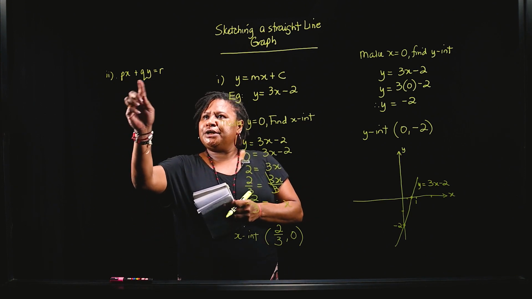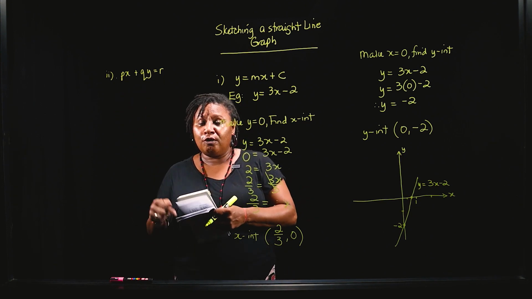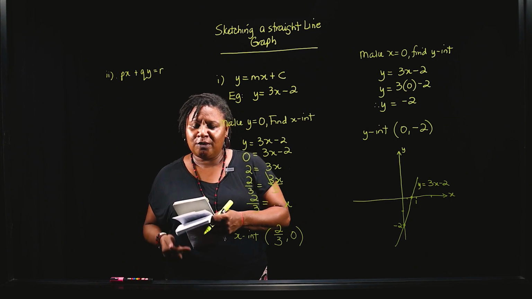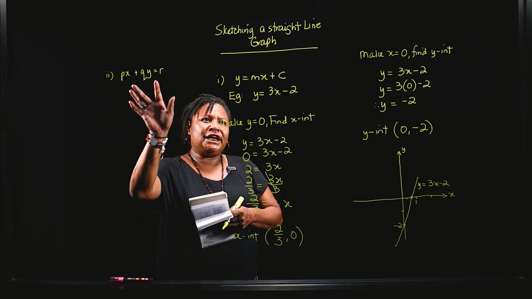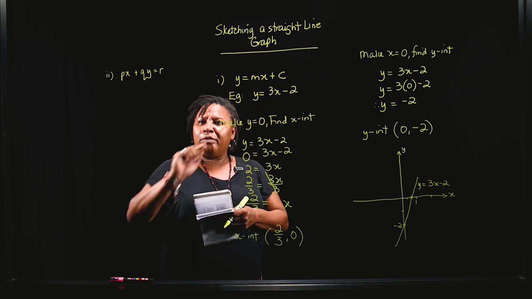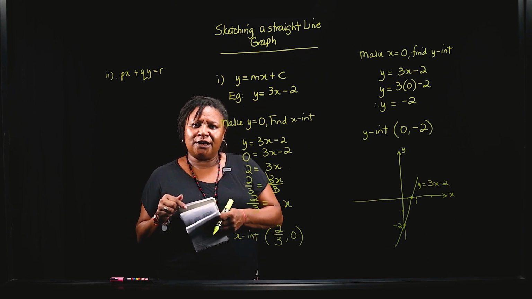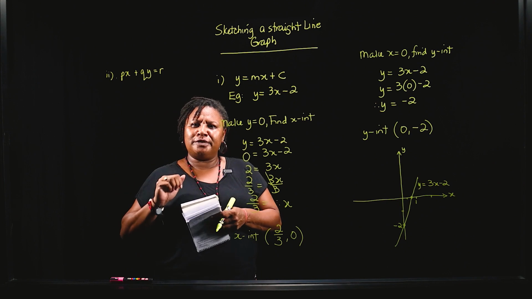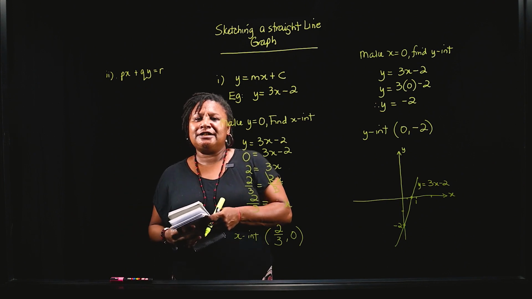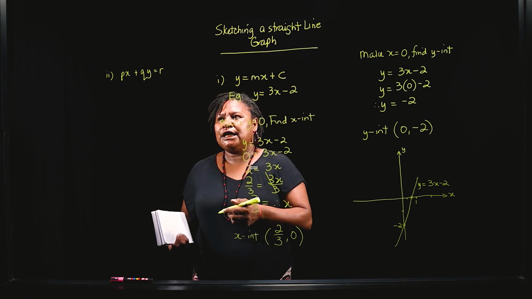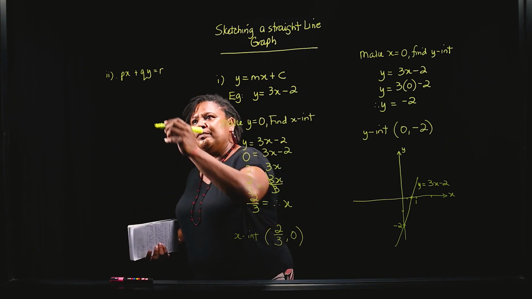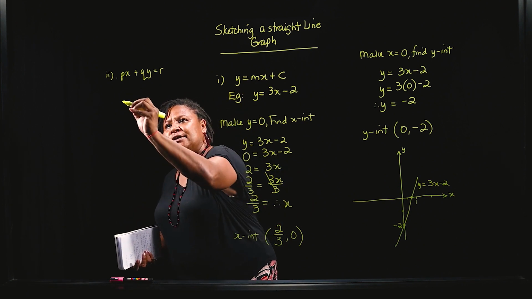Now, p, q, and r are all whole numbers that are greater than 1. Okay, so they can be written in this form here, but for the sake of sketching the equation, we leave it in this form here so that we can easily find the x and y intercepts. Okay, so first thing we do, find the x-intercept.